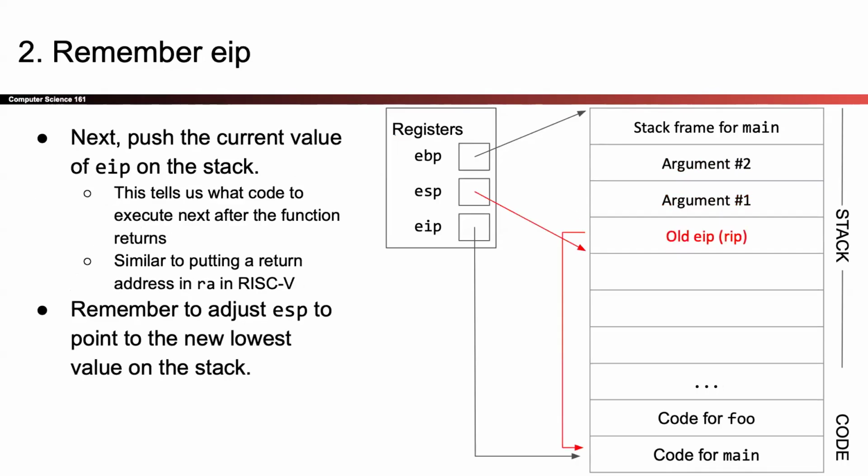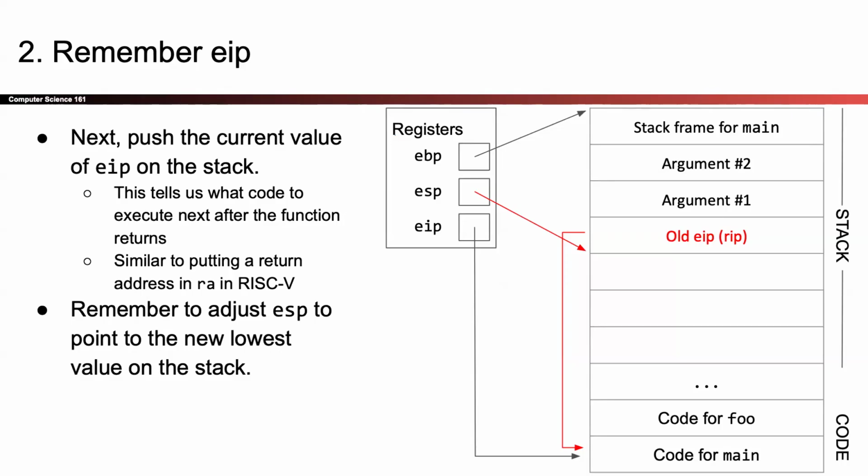Then the next thing is, we have to save the EIP so that when the callee is done, code can transfer back to where we left off in the middle of the function. The way we do that is we push the EIP onto the next unused part of the stack. And of course, when you push a value on the stack, you lower the ESP by 4 bytes to reflect that you just added 4 more bytes to the bottom of the stack.